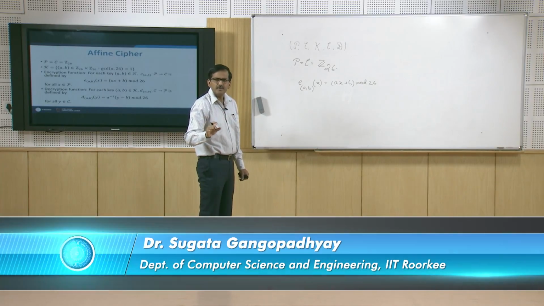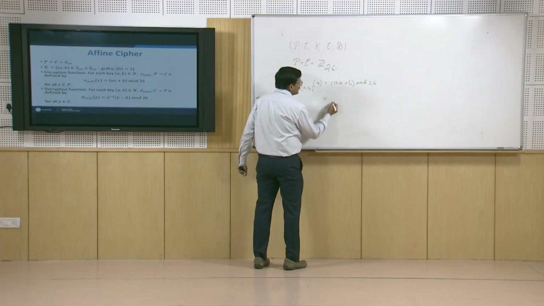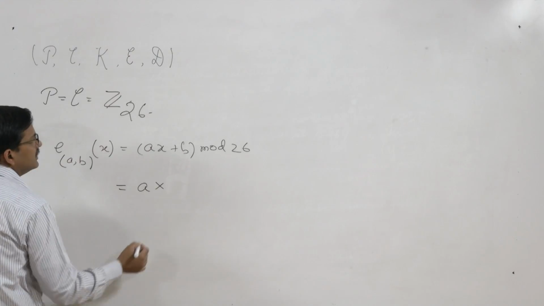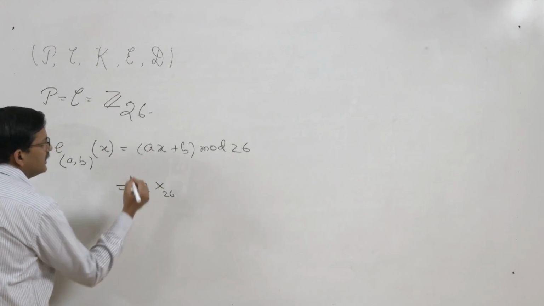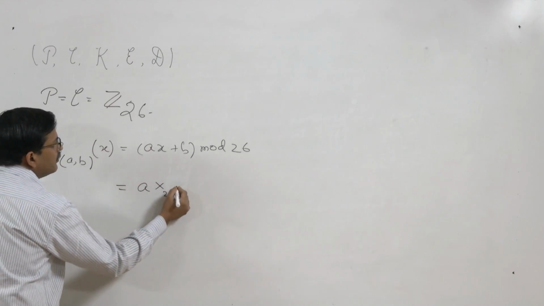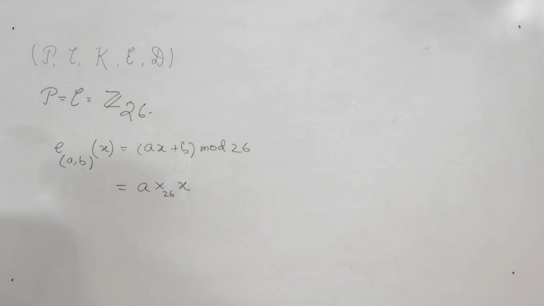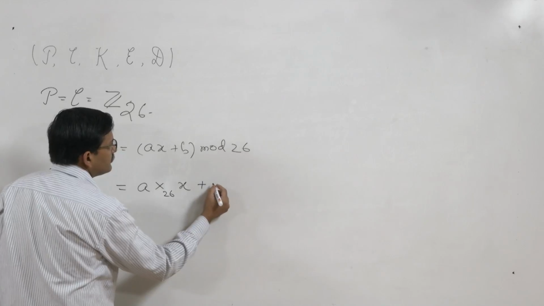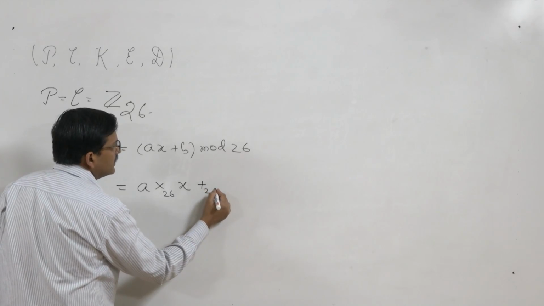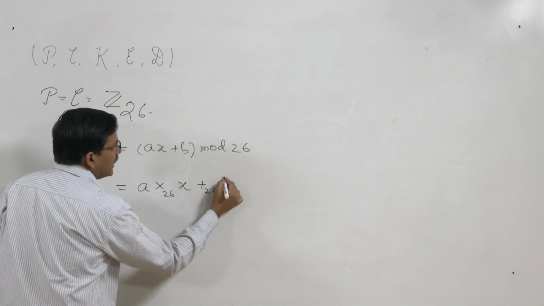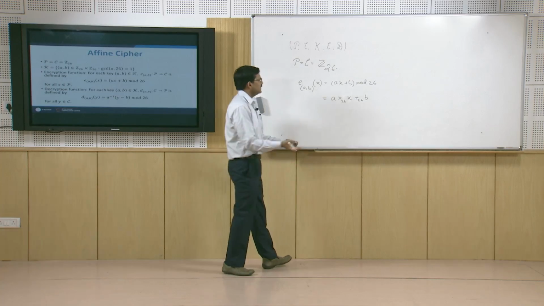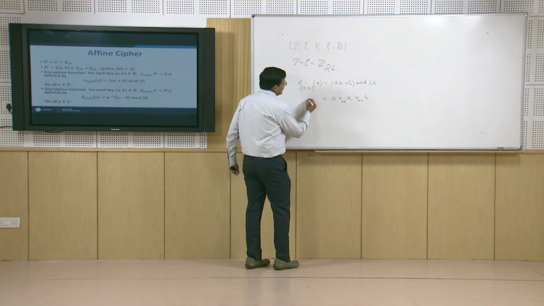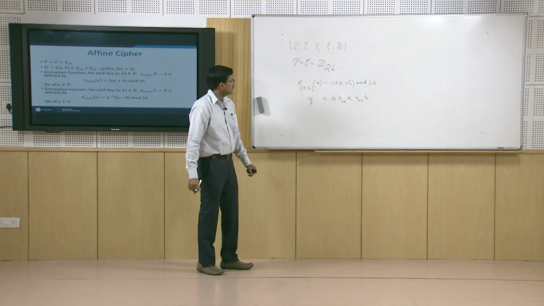We have done this before. We just write it like this: this is A and this is the mod 26 multiplication that we have seen in the last lecture, and then we have x plus, this is mod 26, b. So, this is essentially the transformation for affine ciphers.